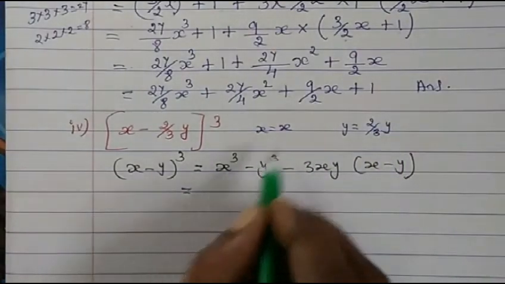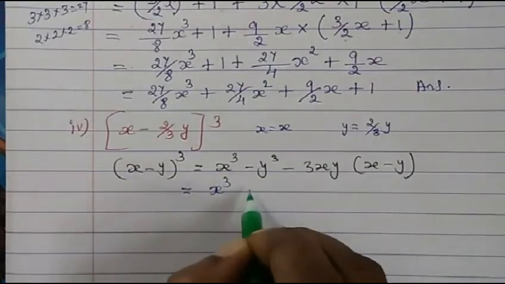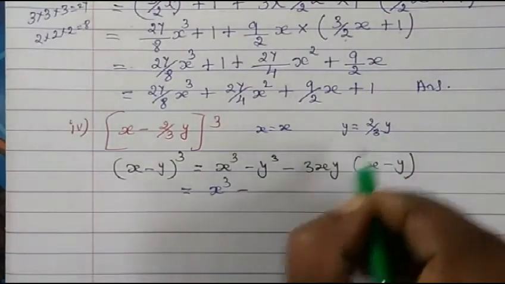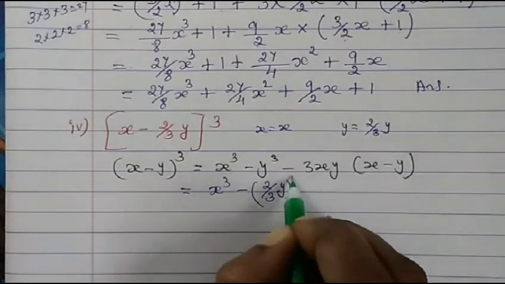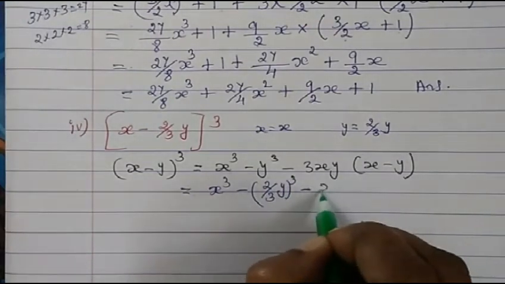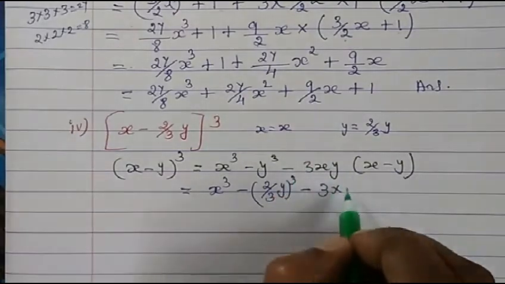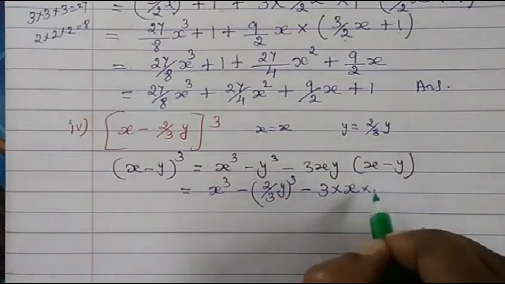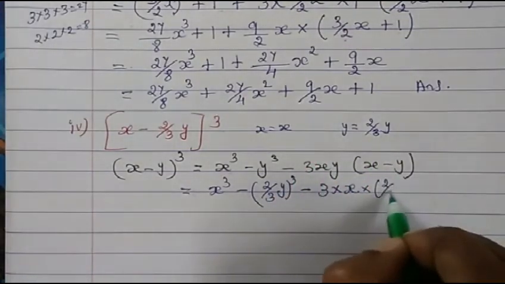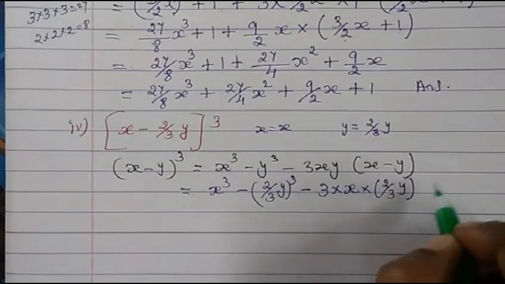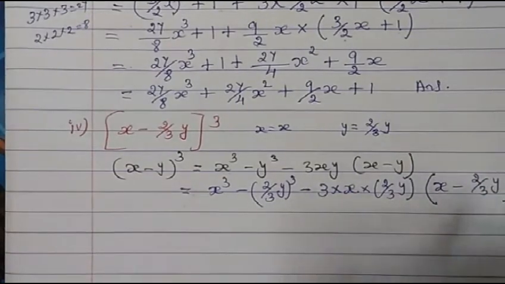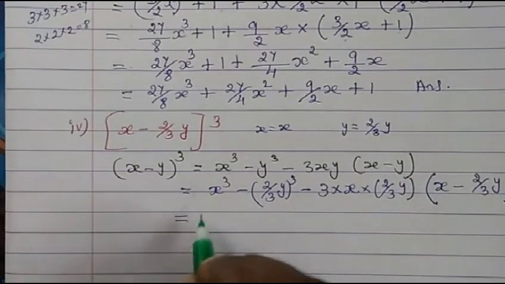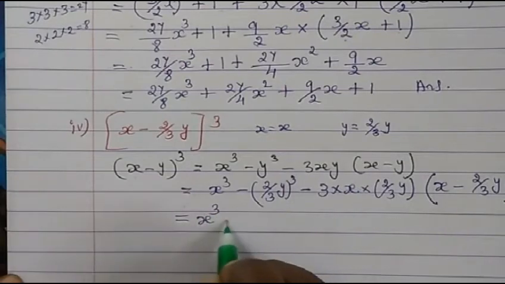So this is what we have to place now. So wherever x is there, we'll write x cube minus, in the place of y, we have to write (2 upon 3 y) whole cube minus 3 into x is x only and into y is 2 upon 3 y. So in bracket, now x is x only, place of y we have 2 upon 3 y.